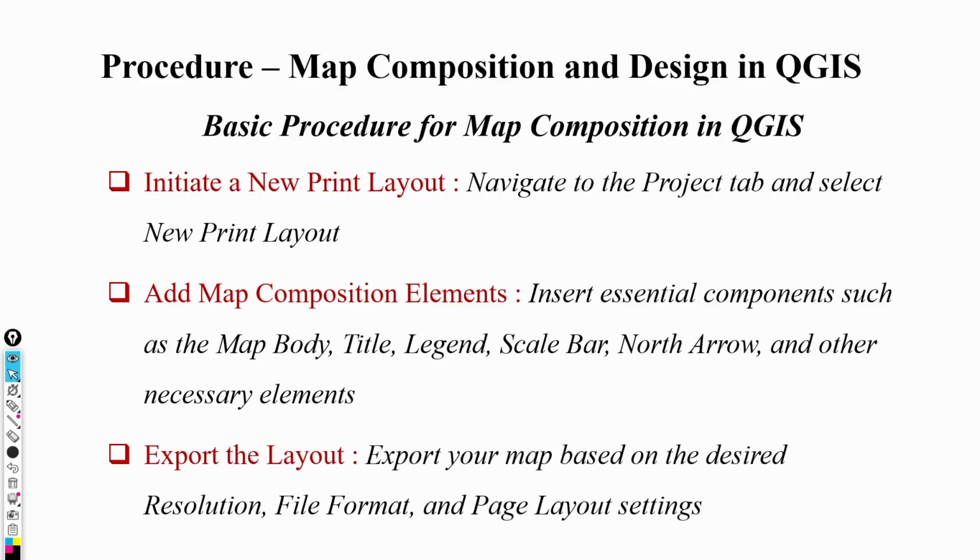Then you export it based on the requirement: what resolution they want, what file format they want, PDF or JPEG, and whether they want it in portrait or landscape. This is the basic procedure we will be discussing in the class today and in the next lecture.